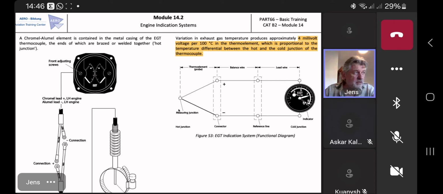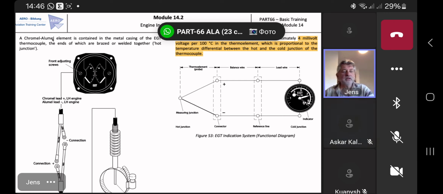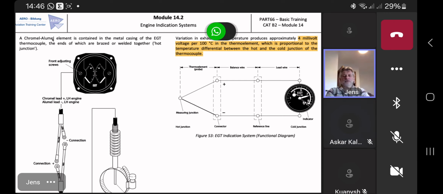The idea is, on most engines, we have a bimetal here, in this case a chromel-alumel element. So we have two different kinds of material, and what happens if they heat up is they produce a voltage, of course in the area of millivolts, as can be seen here.